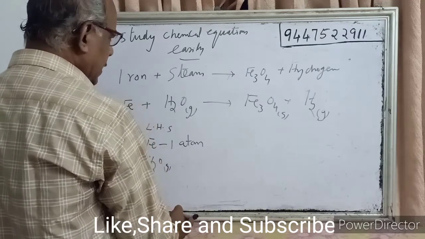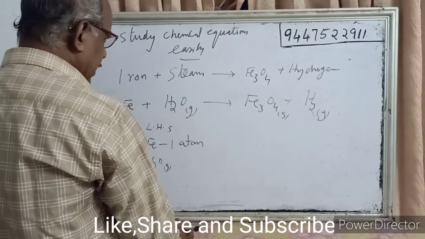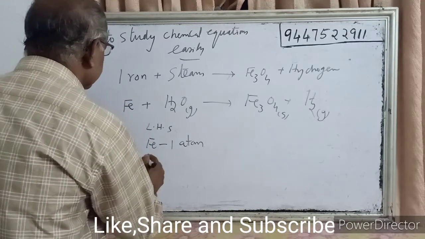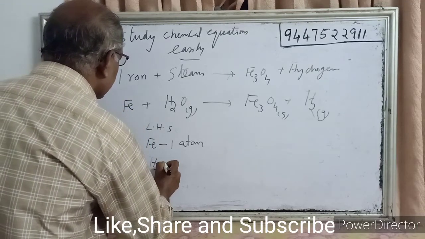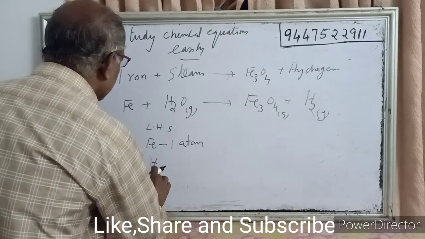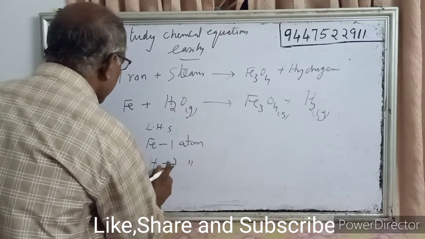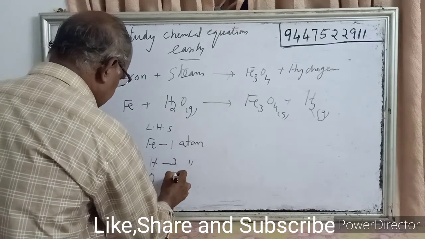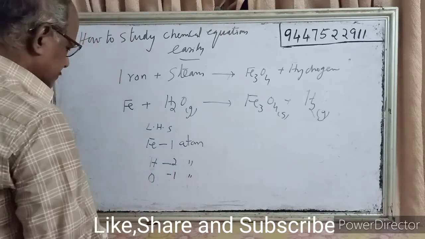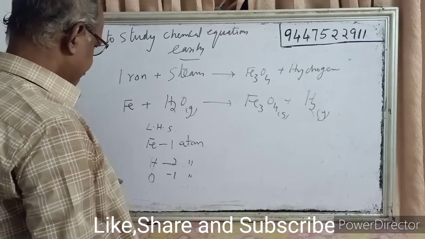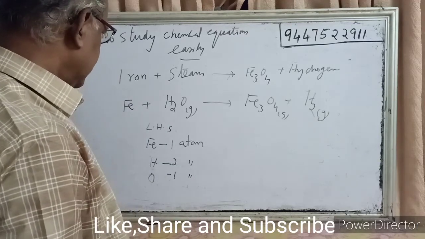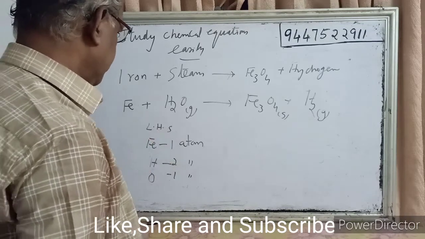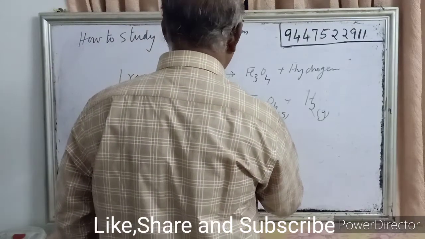Here we have to consider hydrogen and oxygen separately. So hydrogen has 2 atoms, then oxygen contains 1 atom. So 2 hydrogen atoms, 1 oxygen atom, iron 1 atom.